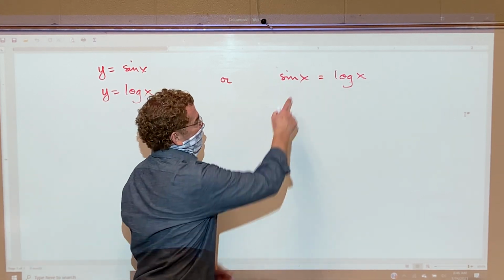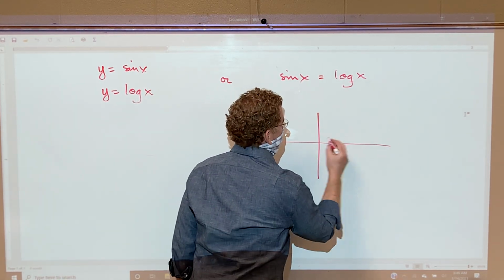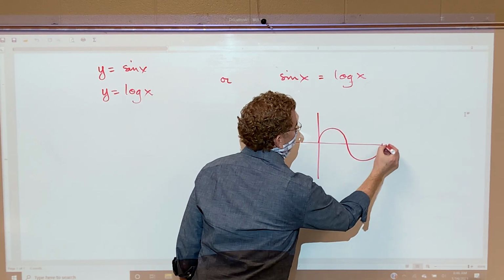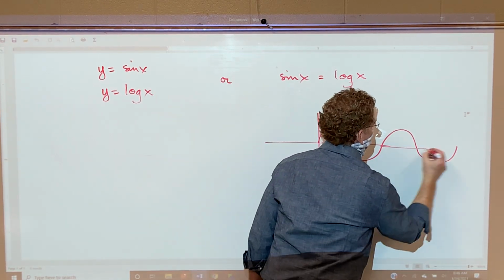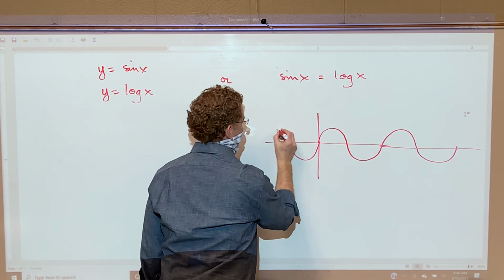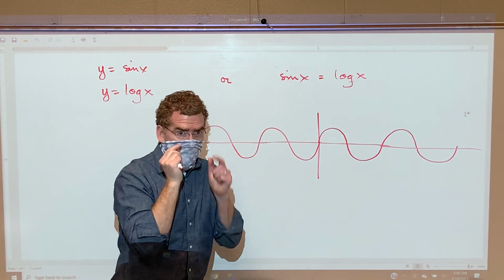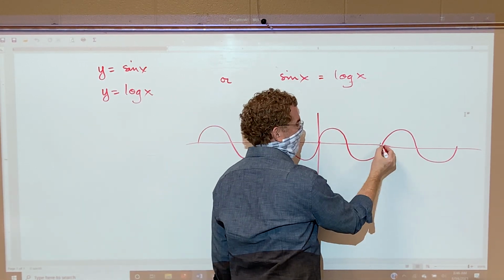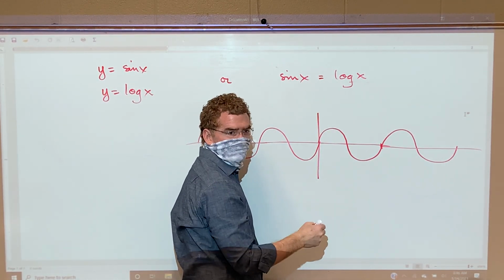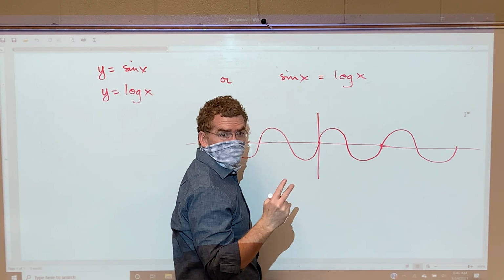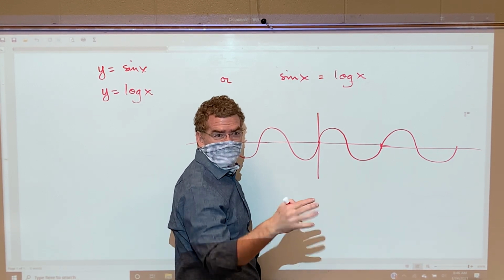Because look, I could graph this manually, sine curve. You might remember doing this. Isn't that a sine curve? And this is how, what, one period? What's one period on a basic sine curve? 2 pi, so about 6-ish.